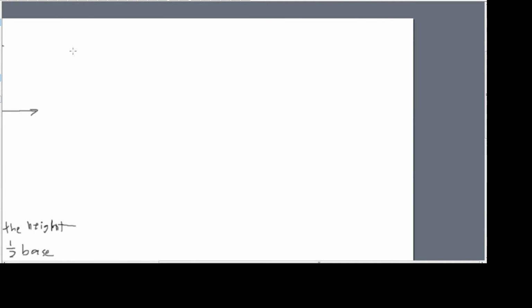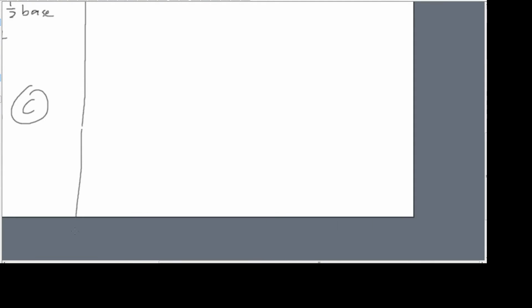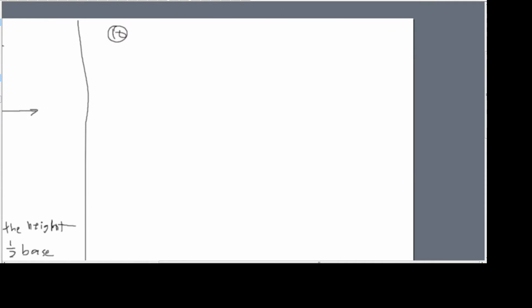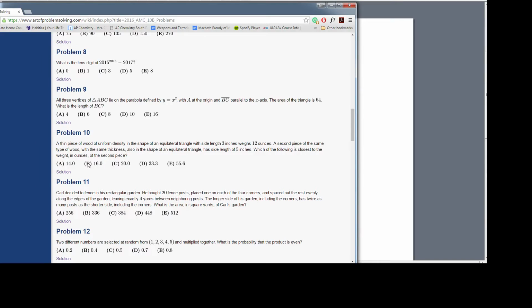Alright, so now for the final problem, question 10. So, just going to do 10 over here, draw a line. A thick piece of wood of uniform density, I don't even know what uniform density is. I believe it's pretty advanced physics.